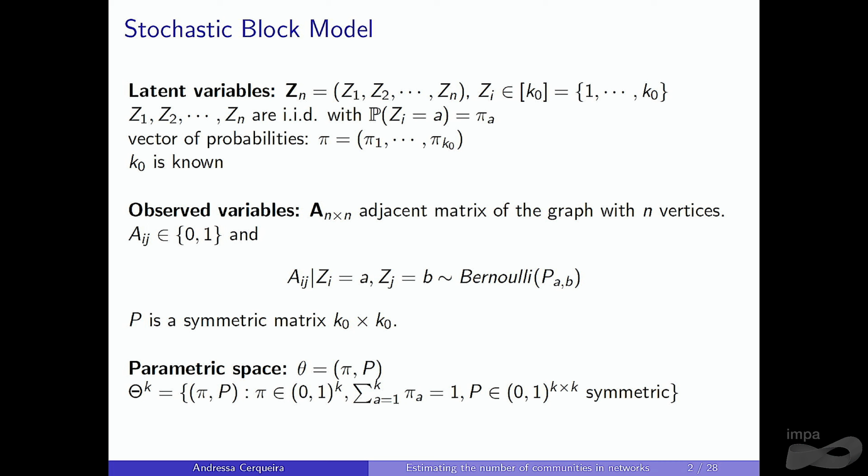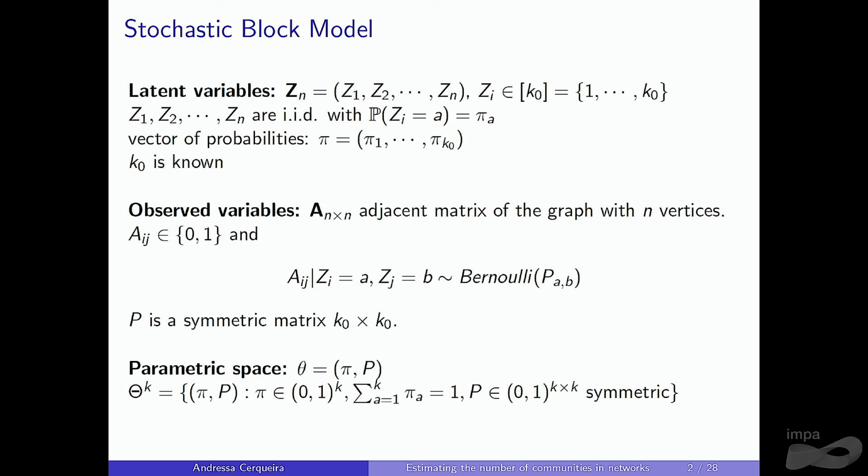So for each pair of nodes, we have a probability for this Bernoulli. We can put all these probabilities in one matrix that I call P. This is a symmetric matrix of size K0 by K0. I think this is the matrix that Jesus called B, right? For me, it's P.